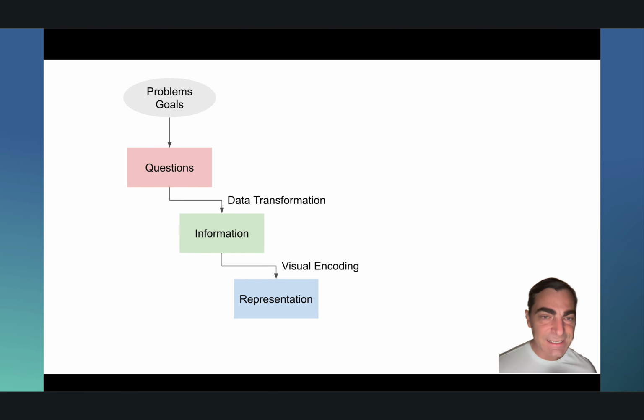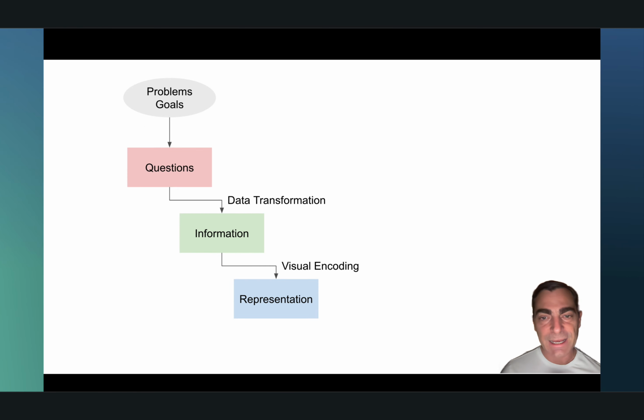So I want to emphasize an idea that I'm going to cover again later on in the course. You start from a problem formulation or goals, right? And then you have to develop questions, then data transformations that produce information, and then visual encodings that generate representations.